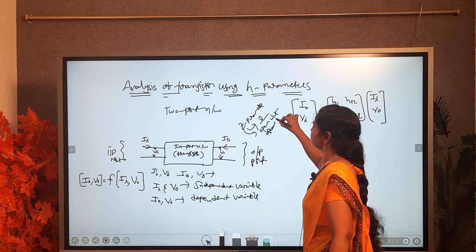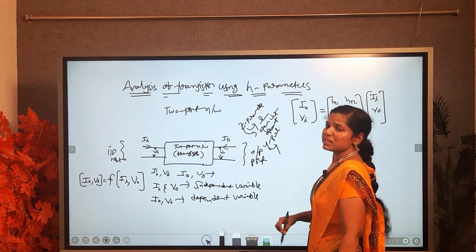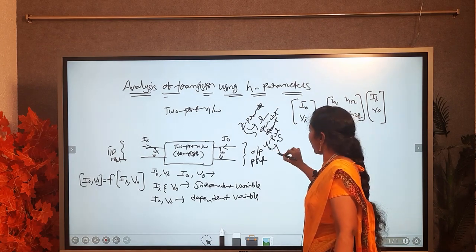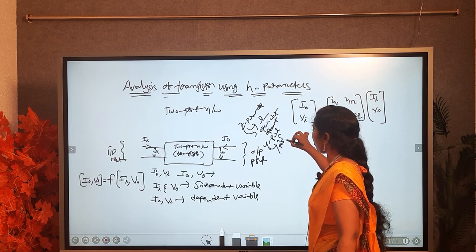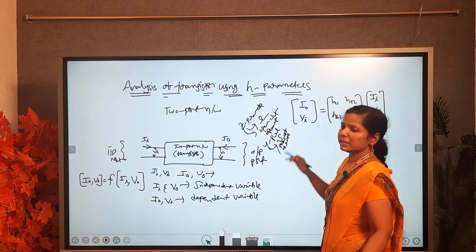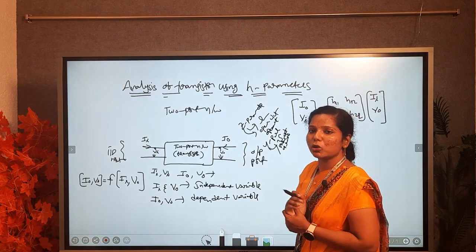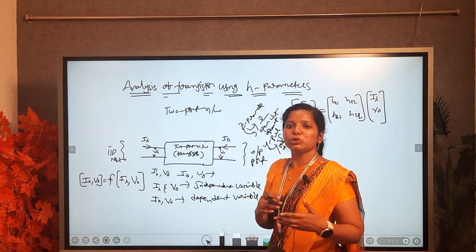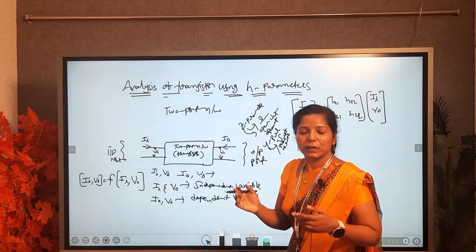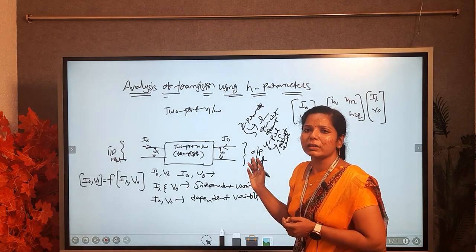In Y parameters, every parameter is represented in mhos or Siemens, so you have to perform the short circuit operation. H parameters are a hybrid combination of Z and Y parameters, so they allow both open circuit and short circuit operations. That's why we are using the H parameters.